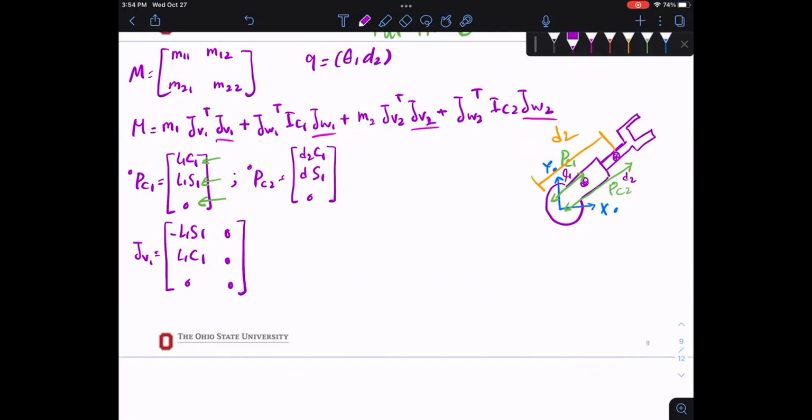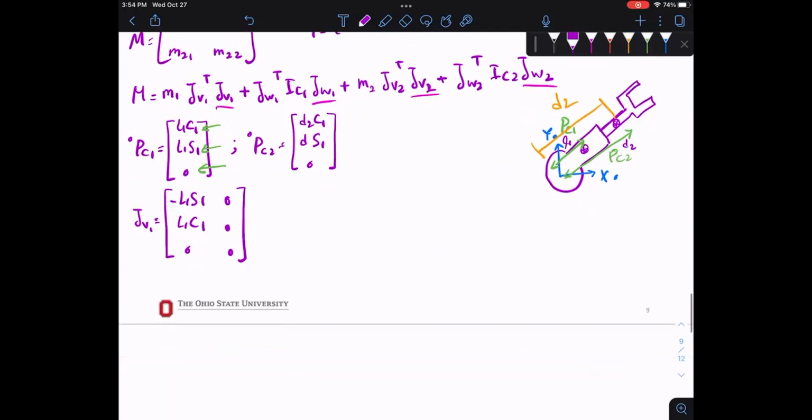The columns of the Jacobian are the number of joints you have. Now, JV2 is going to be, now this is interesting. So this is the Jacobian of the first link. So find the center of gravity, center of mass, only one link, right? And now if we find JV2, what's that going to be?